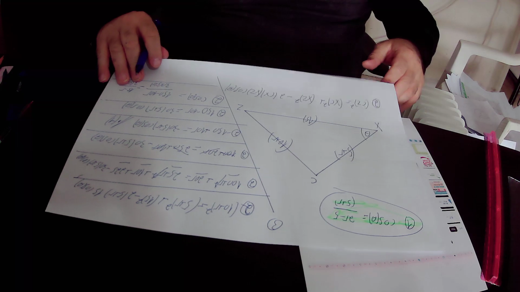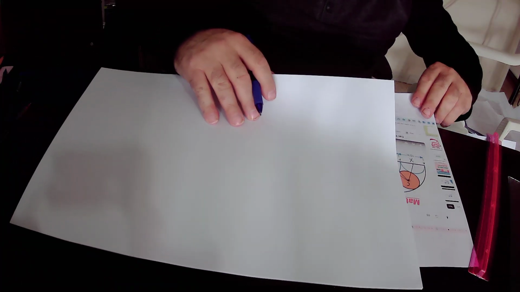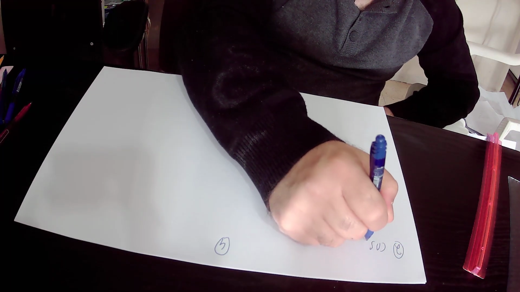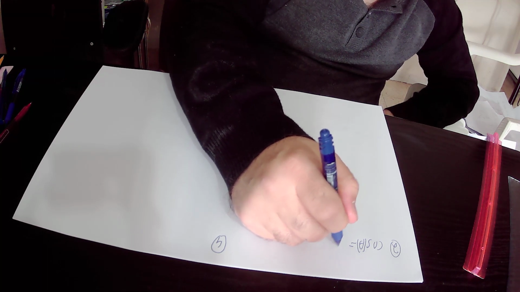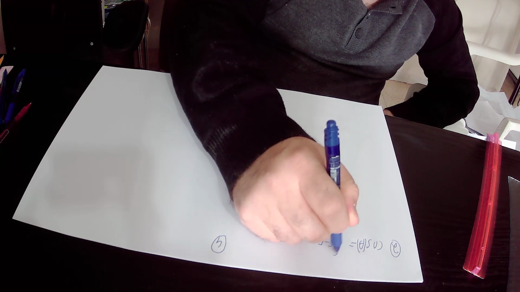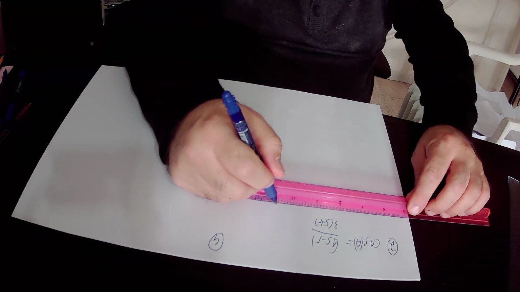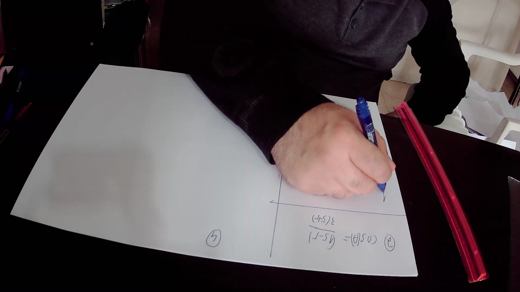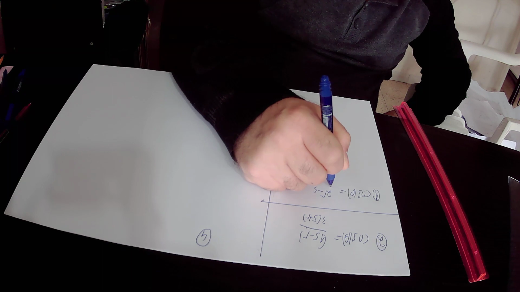So in conclusion, we found out that according to equation number 2, cosine theta is equal to 15 minus r over 3 times 5 plus r, but according to equation number 1, we have already found out that cosine theta is equal to 2r minus 5 over 5 plus r.